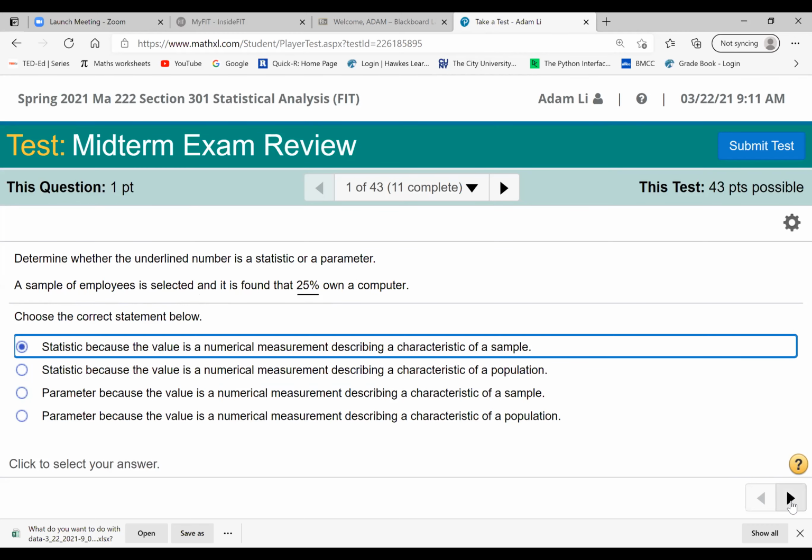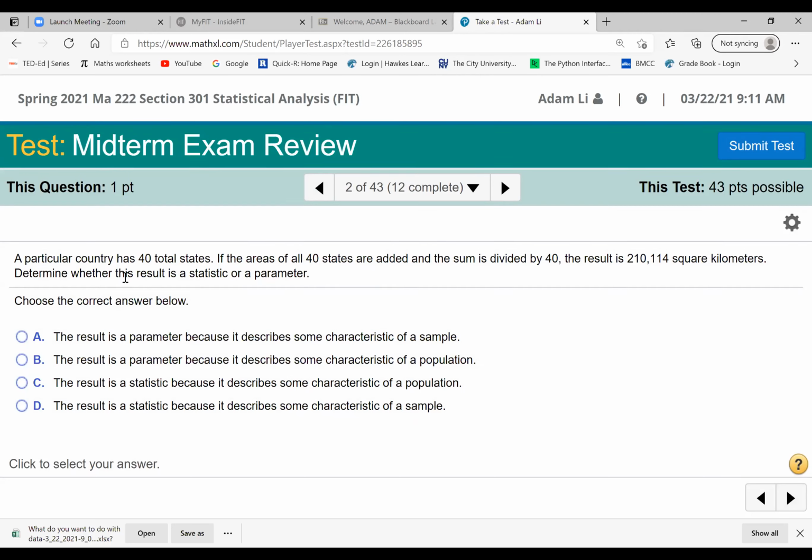And the second one: a particular country has 40 total states. If the areas of the 40 states are added and then the sum is divided by 40, the result is 210,114 square kilometers. Determine whether this result is a statistic or a parameter. Again, there are only 40 total states, so you are including all 40 states. That means it's a population.